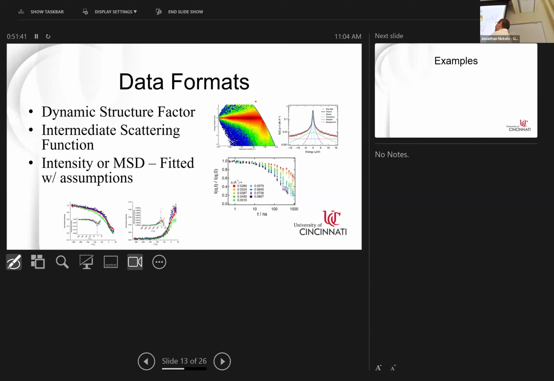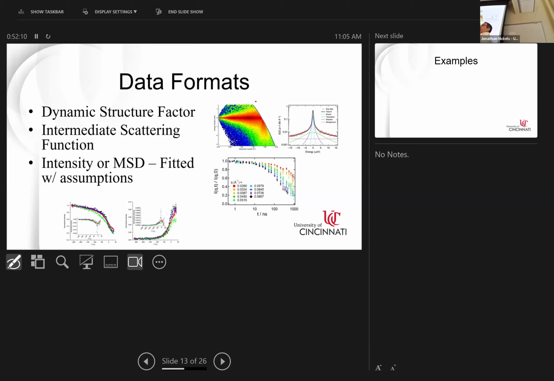Okay, so data formats. How do you actually get this kind of data out? So we talked about how triple axis is just going to give you single points, right? So if this is your dynamic structure factor, the formal name, this is the spectrum you see at a given Q value. I do the experiment, this is color scaled for intensity, and it's a function of Q versus energy transfer.